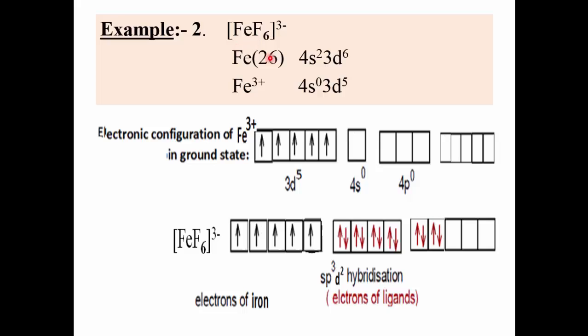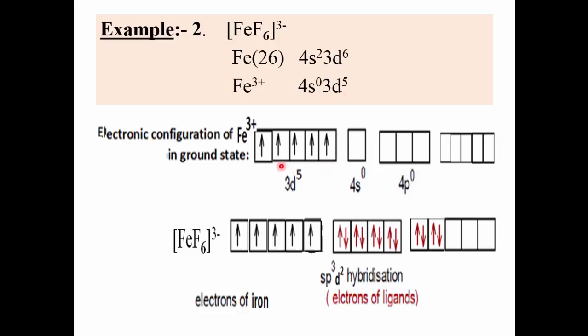Here, this is a different complex. Fe 26, again 4s2 3d6. On Fe there is a plus 3 charge, because we require minus 3. To form the Fe3+ ion, 3 electrons are lost, giving 4s0 3d5.